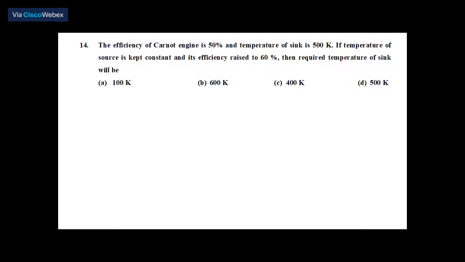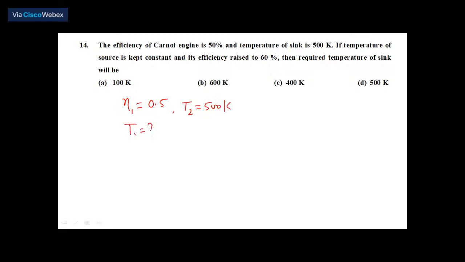Then what is the temperature of sink required? First, let us find the temperature of source from the given data. Initial efficiency is eta 1. Eta 1 is equal to 0.5, right? Temperature of sink is T2. T2 is equal to 500 kelvins.